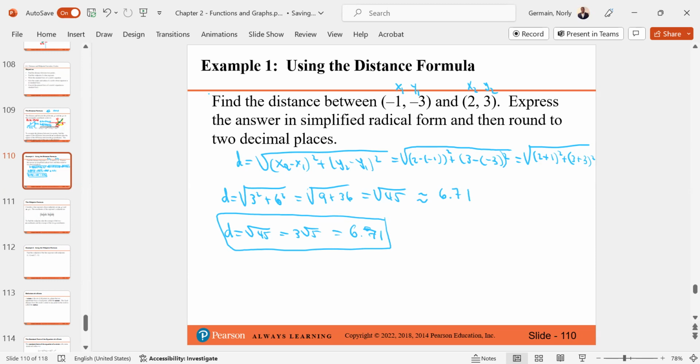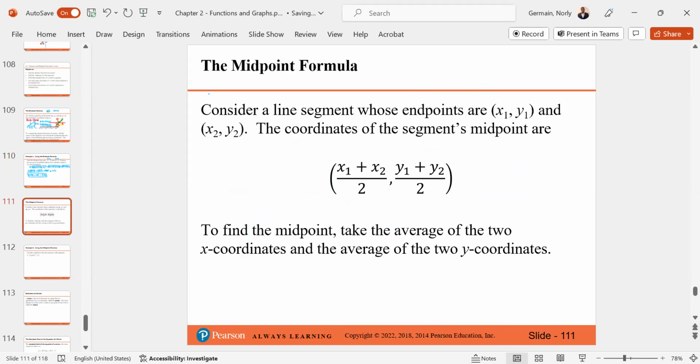Midpoint. If I take the same examples here, for the midpoints, remember, if you have a graph, I would go like this. So let's suppose x1 gives you a y1.